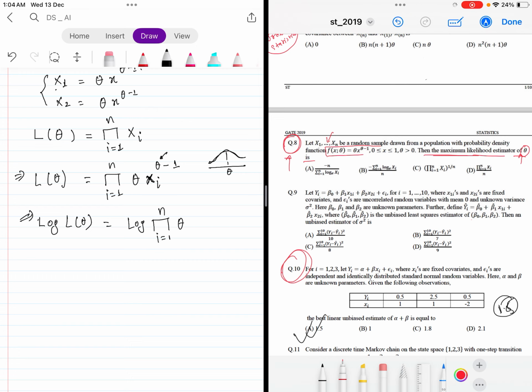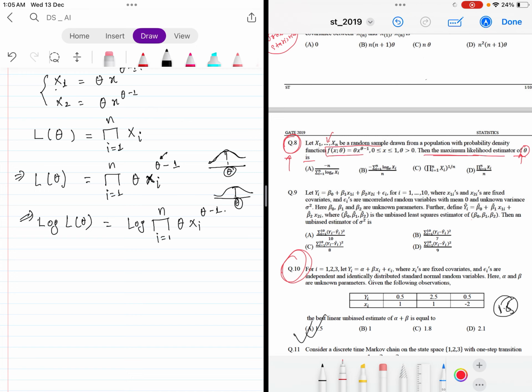If you take the log, you will again get the maximum at the same theta. Maybe the height will be normalized, but at the same value of theta you will get the maximum, and we are taking the log to make the calculation easy. You will see that taking the differentiation will be easy. So take the log of x of I to the power theta minus 1.